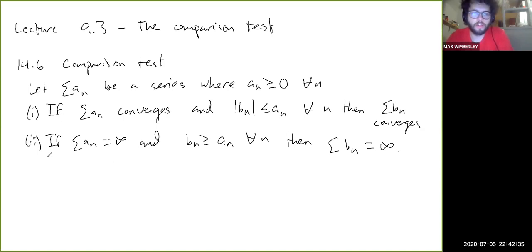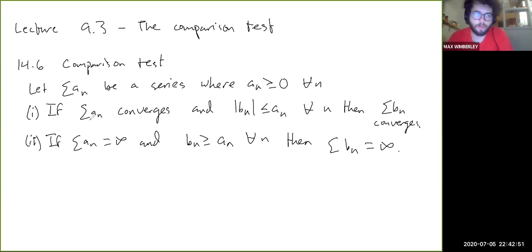Here's the important thing to remember when you look at the statement of the comparison test: the two sums of an and bn play different roles.